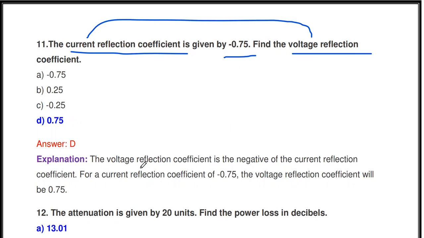The voltage reflection coefficient is the negative of the current reflection coefficient. So if the voltage reflection coefficient is K, the current reflection coefficient is minus K. So minus of minus 0.75. So the answer is 0.75.